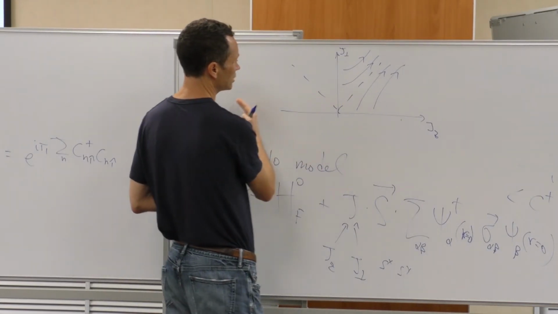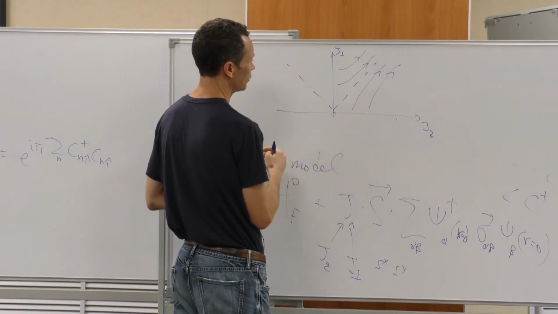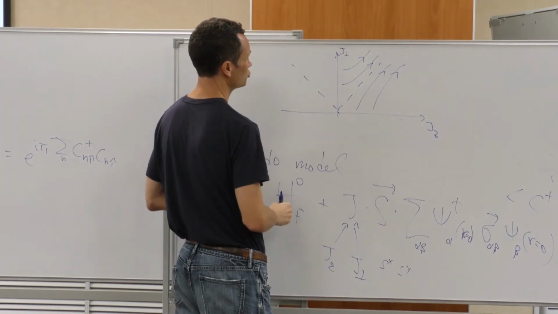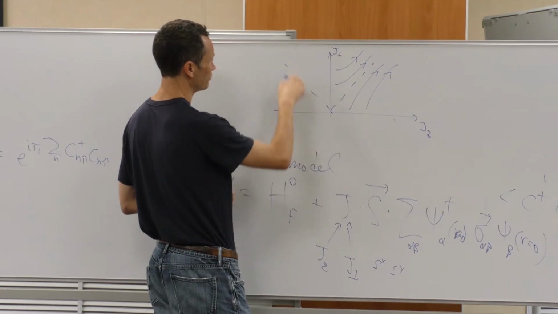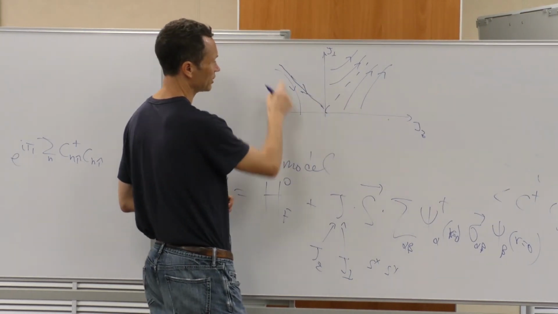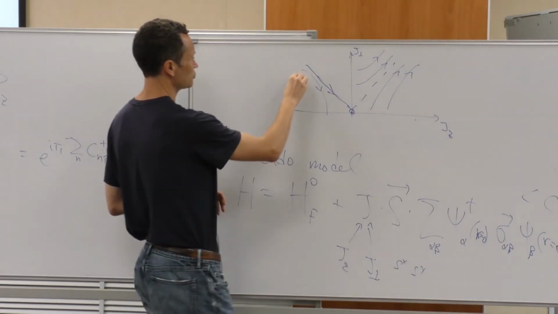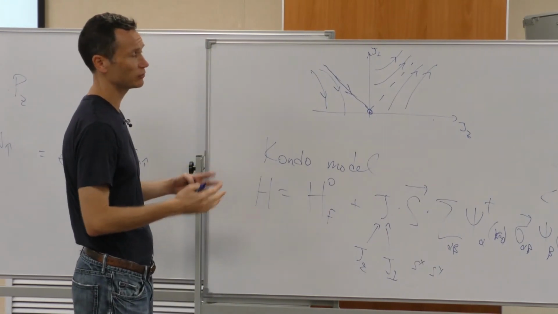But if we're on the ferromagnetic side, it really matters whether we have easy axis or easy plane anisotropy, because if we have easy axis anisotropy, or in the case of SU(2) symmetry, we basically flow to weak coupling. So J's become very small, and this means that basically the impurity spin decouples.